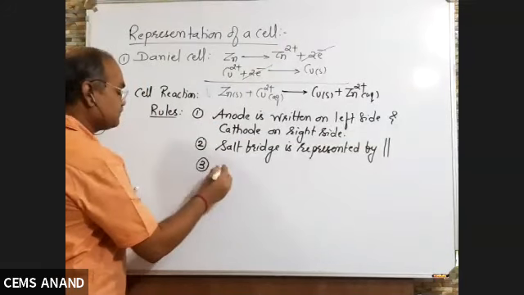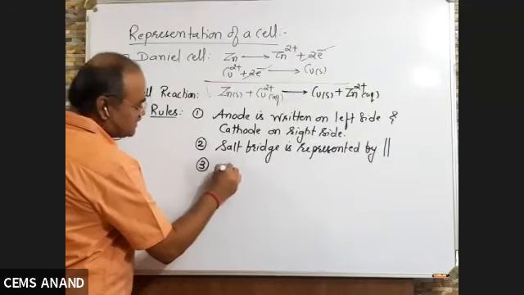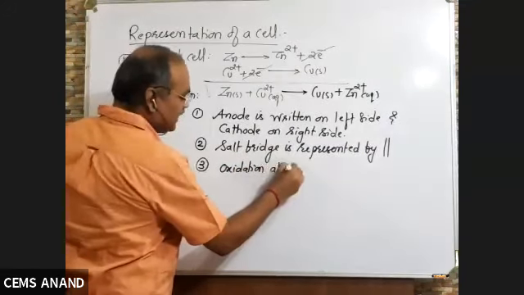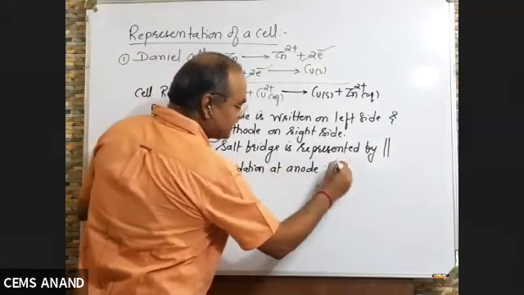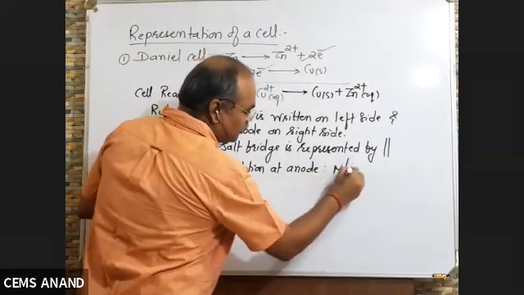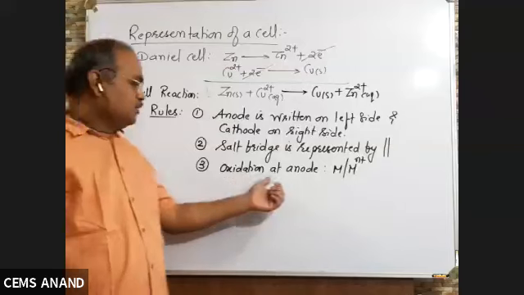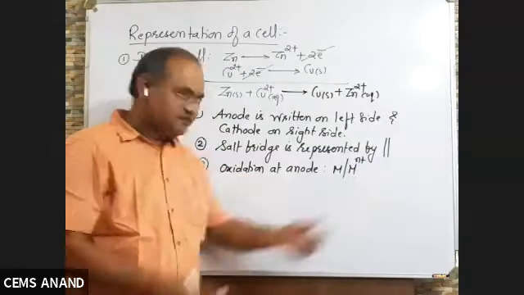Third, oxidation at anode is represented by the symbol metal/ion. Oxidation at anode is represented by the symbol metal/ion.